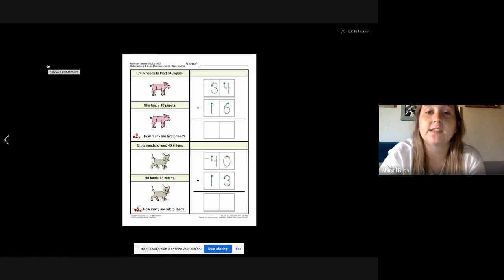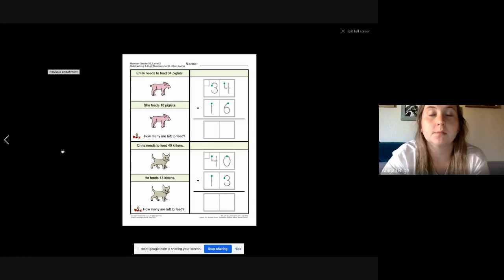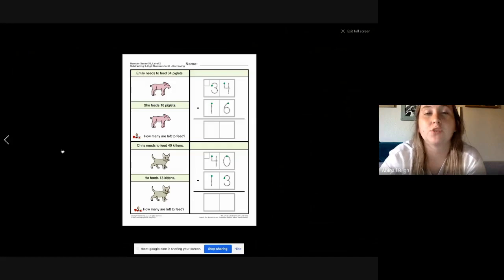Then you have some subtraction problems. Everybody's going to have slightly different problems, but they're still word problems just like your addition. Remember, subtraction is take away. We are getting rid of them. So we're going to need to read the word problems.